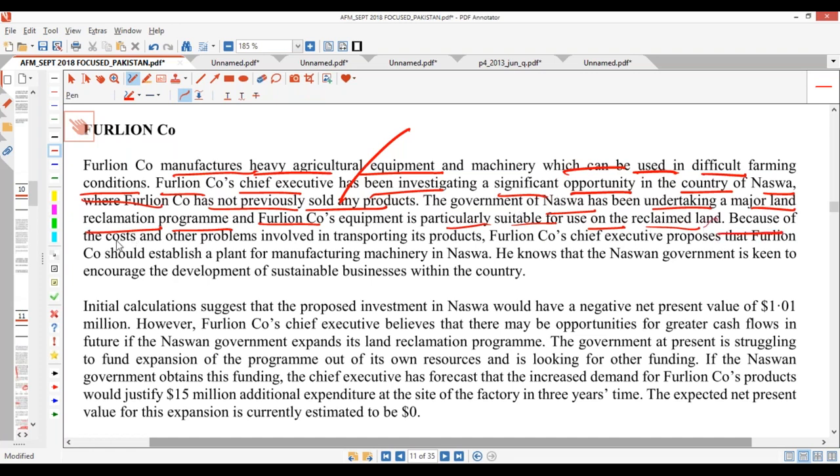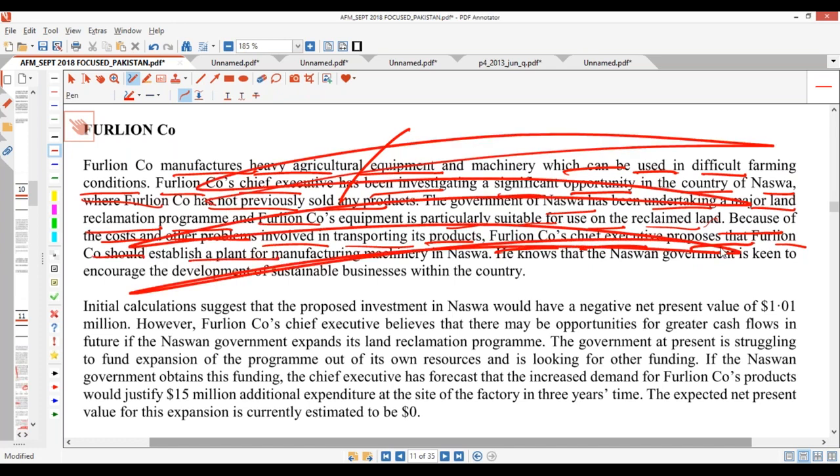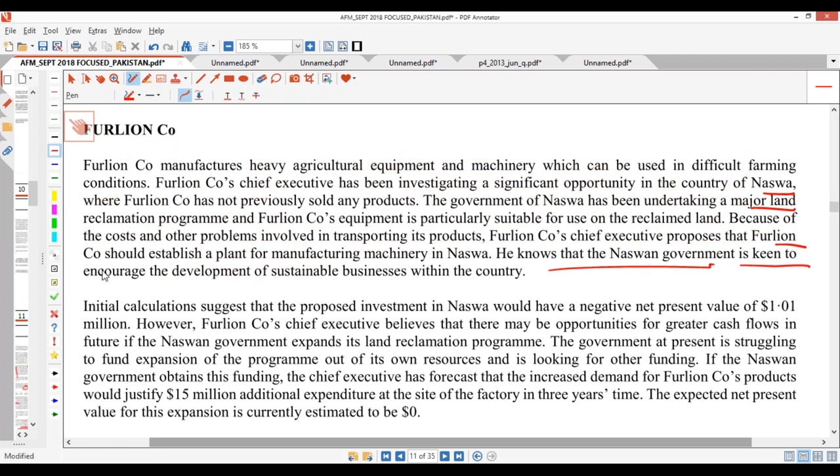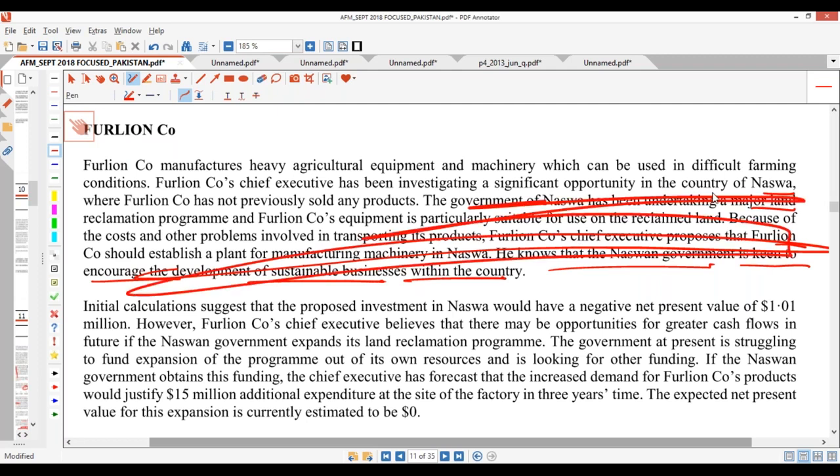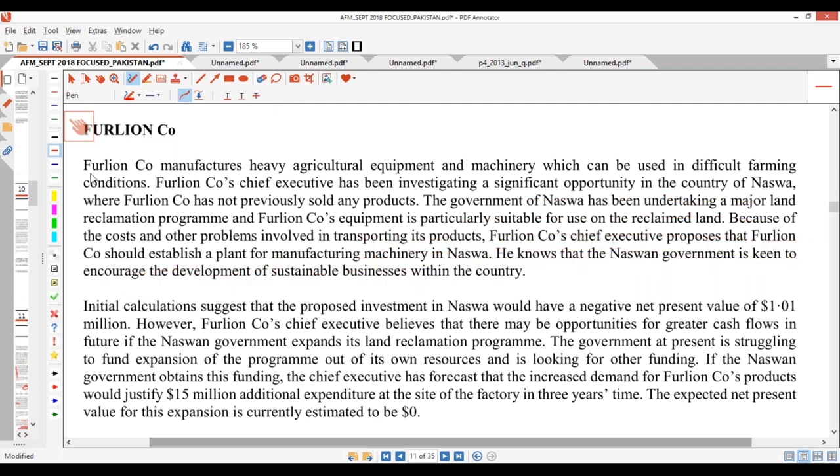Okay? Because of the cost and other problems involved in transporting the products, Furlion chief executive proposes the Furlion should establish a plant in Naswa, and he knows Naswa government is keen to encourage development of sustainable business within the country. Okay, because Furlion is in a sustainable type of business, yes, they can do it well.